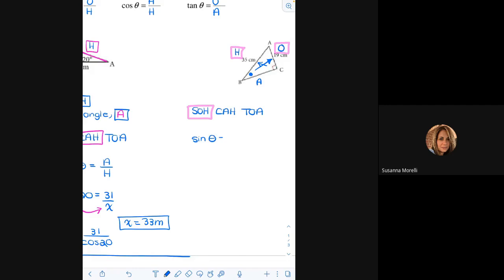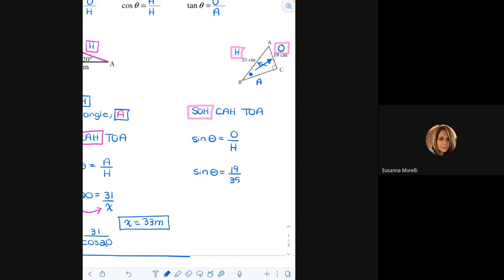Sine theta is opposite over hypotenuse. Remember, you don't have to memorize these ratios. They're all in our classroom and they're written here. If you don't like the letter theta, you can put an X. 19 over 35.